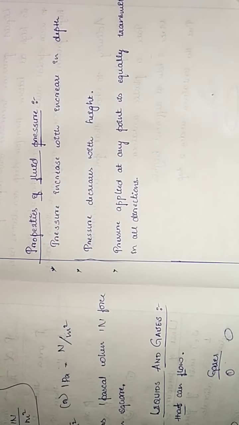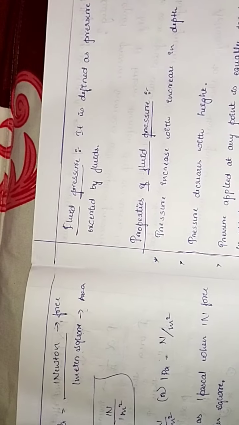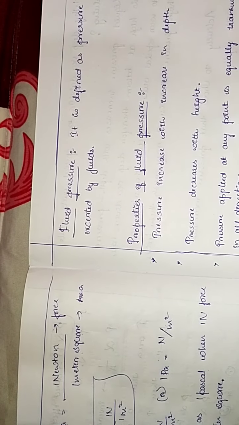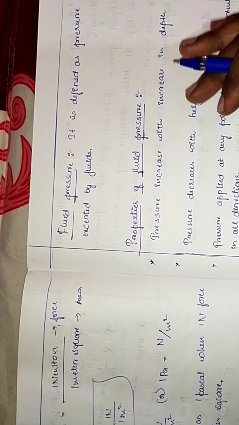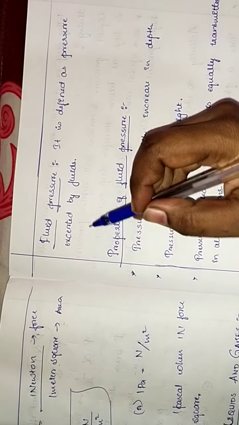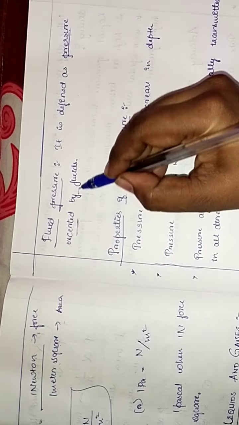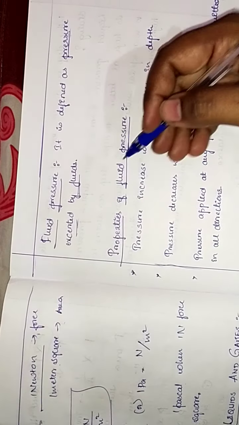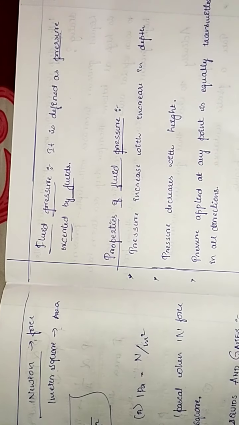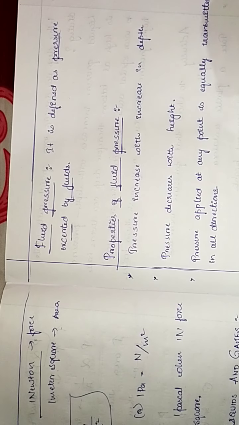So now let us study fluid pressure. We got to know that fluids are those that can flow. So we need to study fluid pressure, isn't it? Fluid pressure is defined as pressure exerted by fluids. Fluids also exert certain pressure, isn't it?